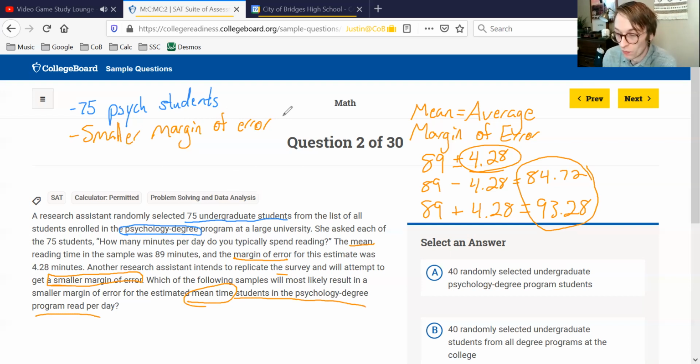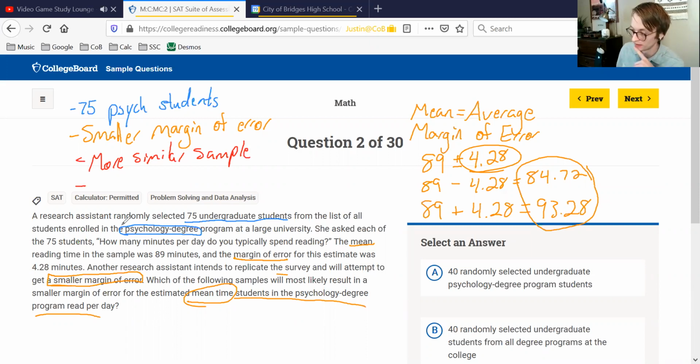So the two things that we want to look at are, first, a more similar sample, and second, errors come from having small amounts of measurements.